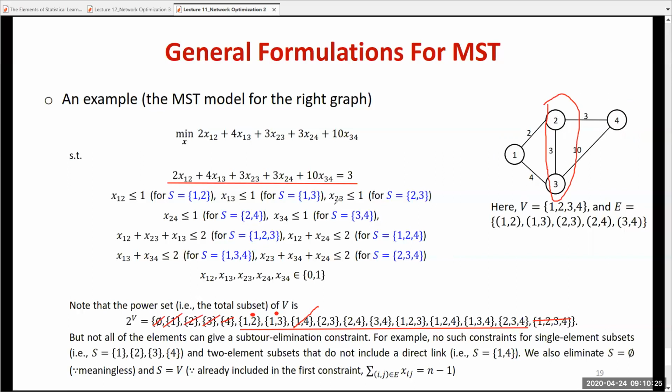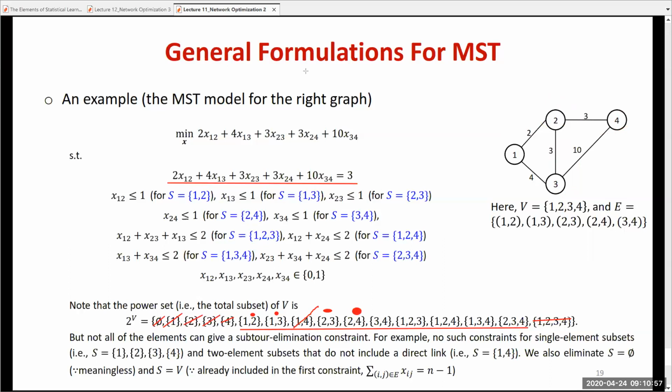So I have x23 on the left-hand side, and you have x23 less than or equal to 1 for S equal to 2, 3. Sorry, I was saying 1, 3, but I mean 2, 3. Okay, so I'm done with 2, 3. And then let's have a look at 2, 4, similar. For the subset 2, 4, I should have x24 less than or equal to 1. Okay, so I'm done with 2, 4. Then how about 3, 4?